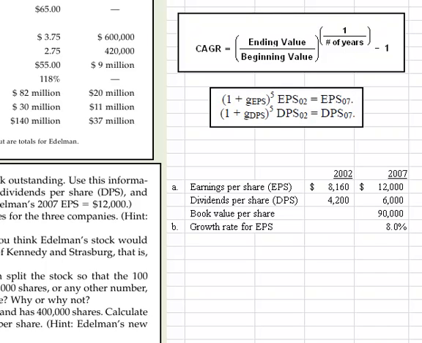Now, what I've done is I've brought through another formula that you can use to solve the growth rate as well. You could solve it with the compound annual growth rate, which we've listed here. You can use Excel's rate function. But if you think about it, if we take 1 plus G for earnings per share or dividends per share and raise it to the power of 5, multiply that times the earnings per share in year 2002, and set that equal to the earnings per share in year 2007, if we solve for G, that's another way we can solve the growth.